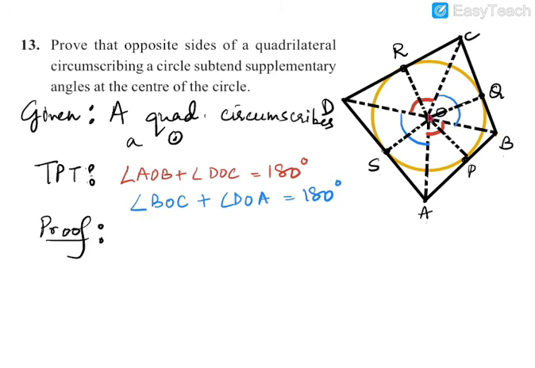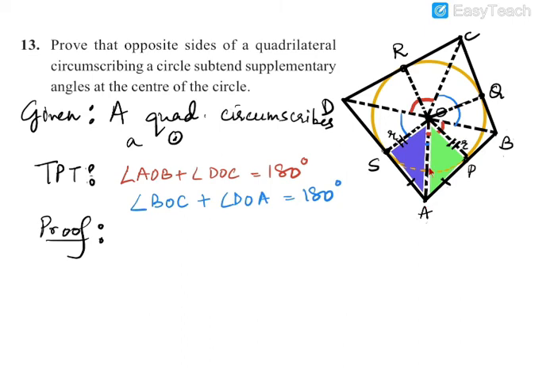Now consider triangle OSA and triangle OPA. AS and AP are tangents drawn from an external point A to this circle. So these two tangents will be equal in length. Also, OS and OP are radii of the same circle. So these two segments will also be equal.